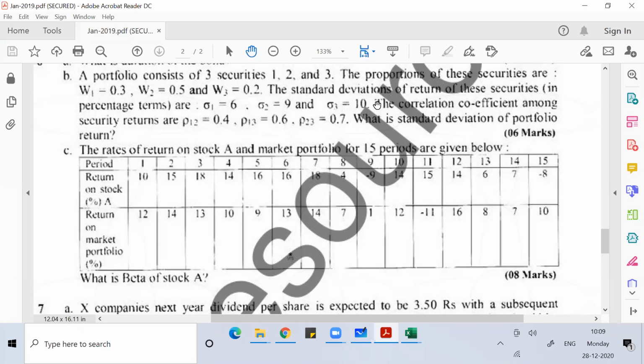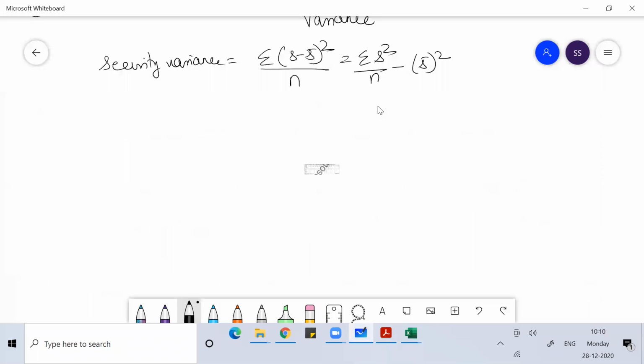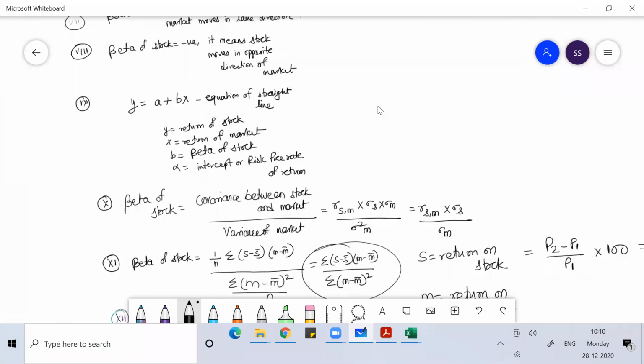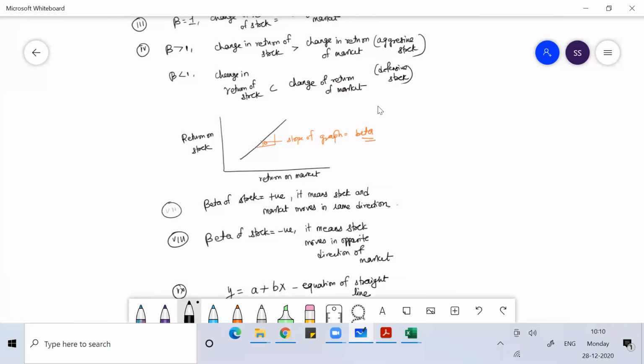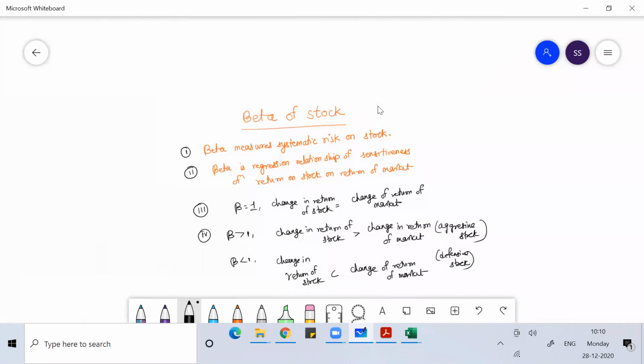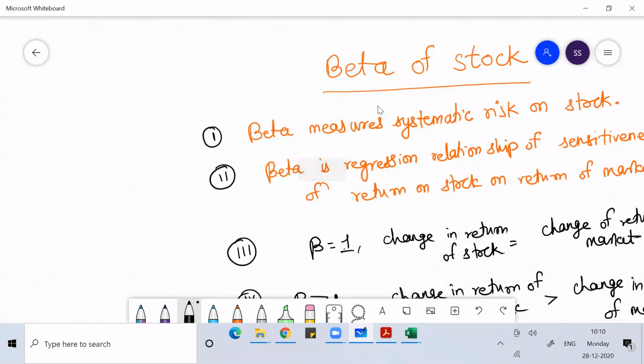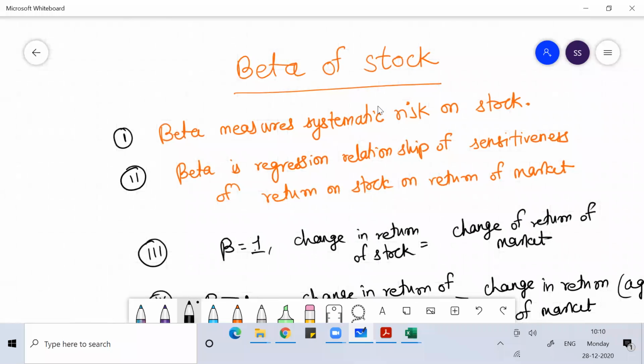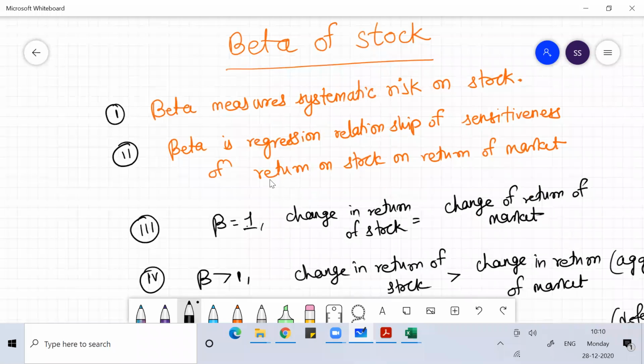Before I start solving the problem on beta of the stock, let's quickly recap the basic understanding of what beta of the stock is. Beta basically measures the systematic risk of a stock, assuming the stock is in a well diversified portfolio where there's no chance of unsystematic risk.